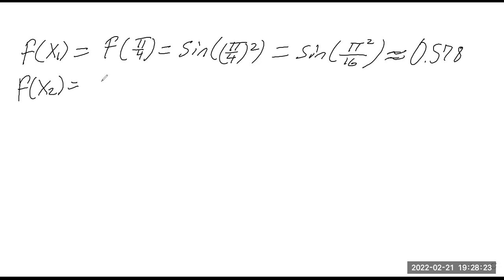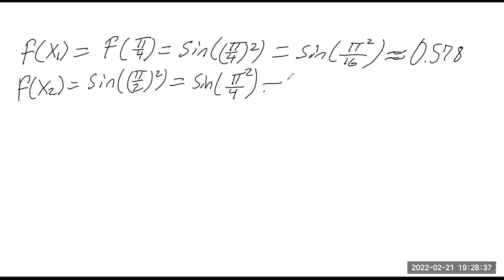F at the next endpoint is going to be sine of pi over 2 squared. Well, that's just pi squared over 4. Now, if this were just a nice regular pi, okay, well, I wouldn't have to resort to using the calculator because we know these exact values.